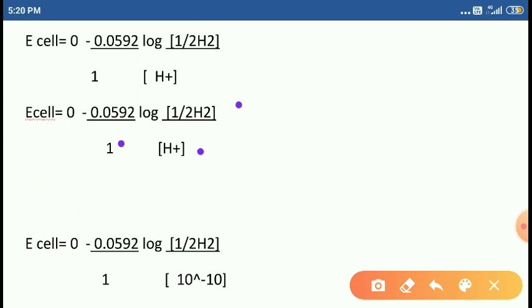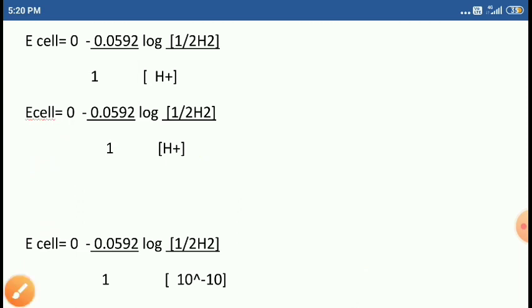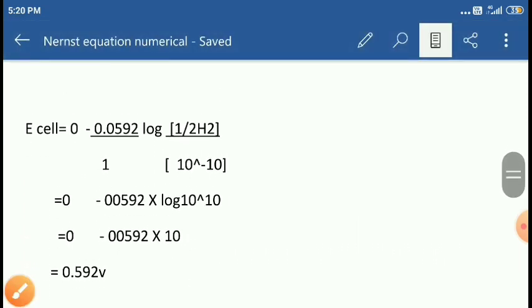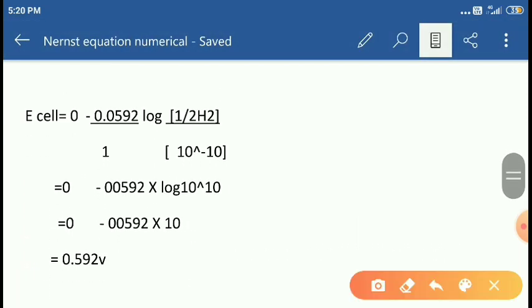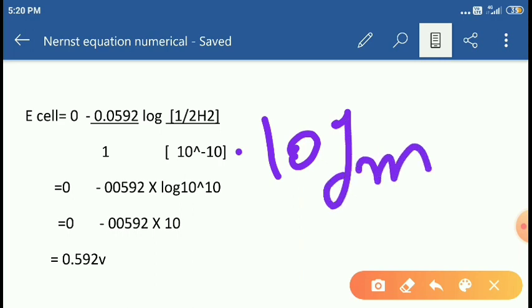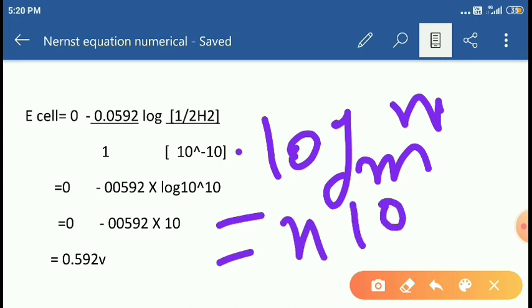The H plus ion concentration we calculated is 10 to the power of minus 10. Then we apply the formula log m raised to n is equal to n log m.